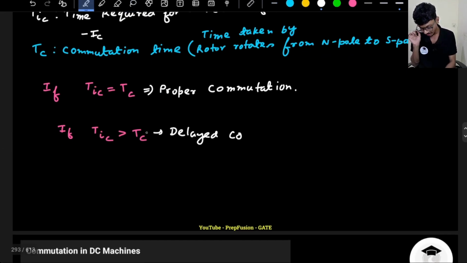Now if TIC, the reversal of current, is slower and the conductor is rotating faster, that means it is delayed commutation. Commutation is not happening properly in time, so that's why it is known as delayed commutation, also known as under commutation.